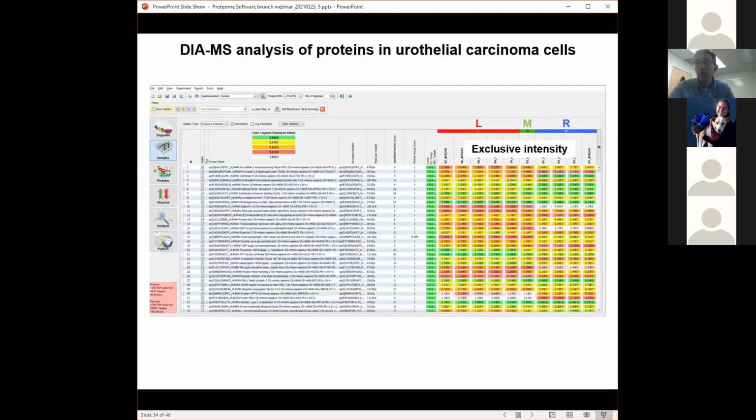And if you do a t-test, comparing L versus R, what you see is a large number of statistically significant differences with Benjamini-Hochberg multiple testing correction. And this was quite amazing. Immediately, and I will say that Brian Searle directed me not to jump to conclusions that these were biologically relevant.